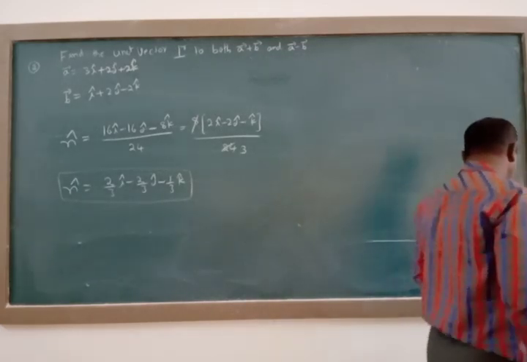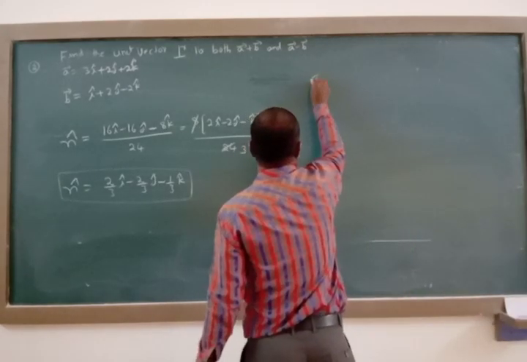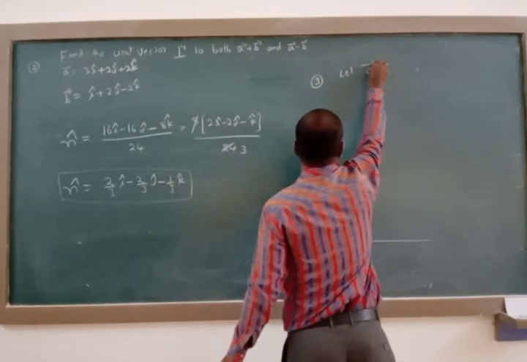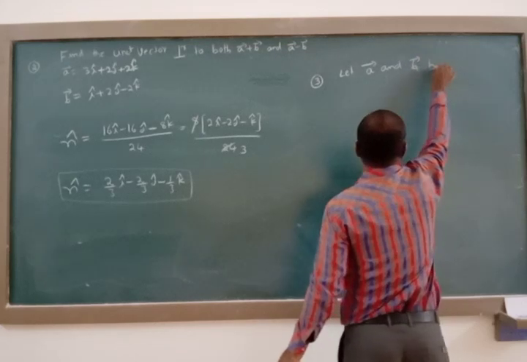Next, one more question. The third question is: let a bar and b bar be two vectors.